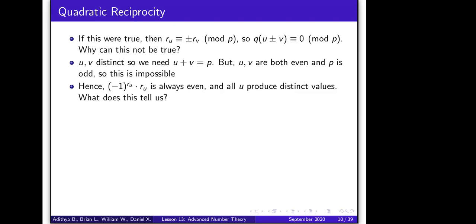Well, remember u cycles over all the even residues mod p. And since there's exactly p minus 1 over 2 of them, that means that negative 1 to the ru times ru achieves p minus 1 over 2 distinct residues. And since it's always even, it actually achieves every single even residue. So the set of negative 1 to the ru times ru is just a permutation of the even residues.